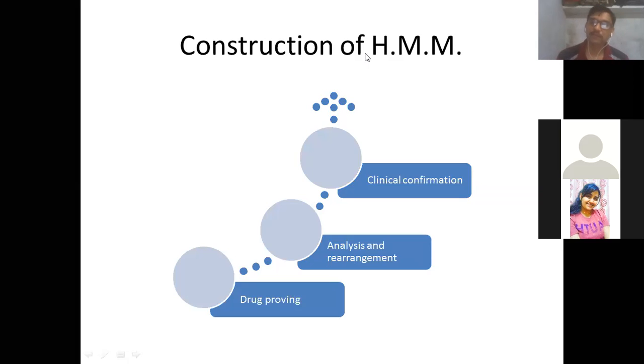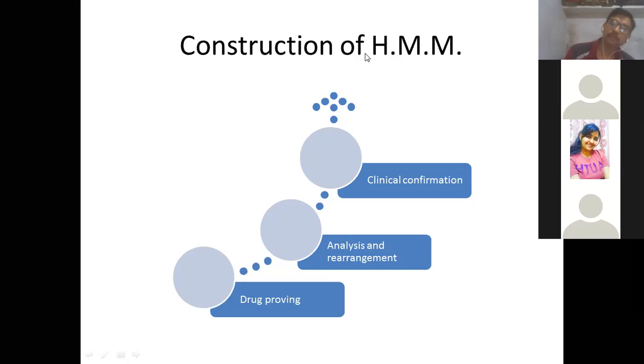So after finishing the drug proving, there is a compilation of the daily books of all provers. The chief conductor analyzes which symptoms are more frequently seen, moderately seen, and less commonly seen, and then they are rearranged under the various parts of the body.